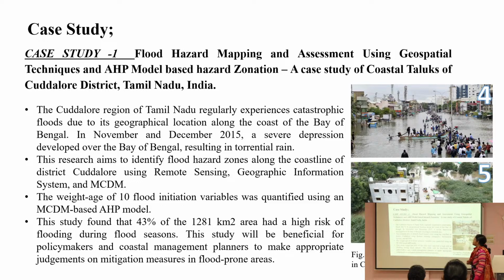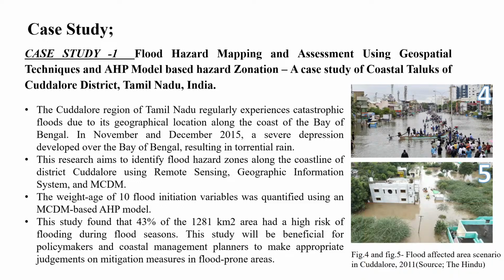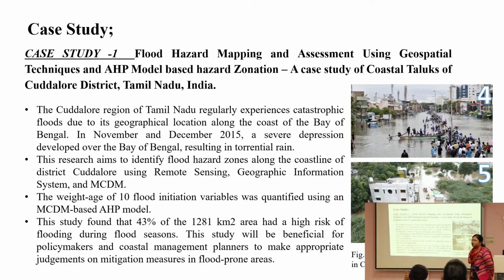This Cuddalore district is near the coast of the Bay of Bengal, and here the flood hazard map has been done using remote sensing, GIS, and a multi-criteria decision making model, MCDM. Like the AHP model, we have another model, MCDM.